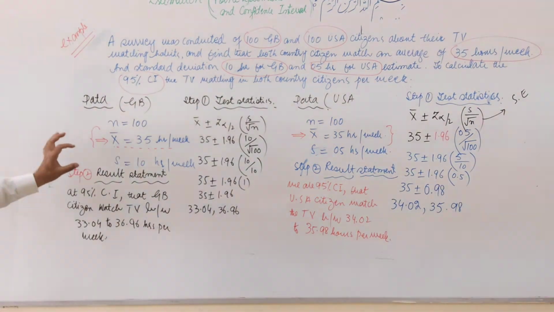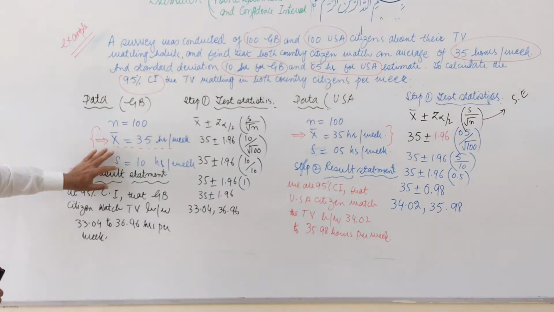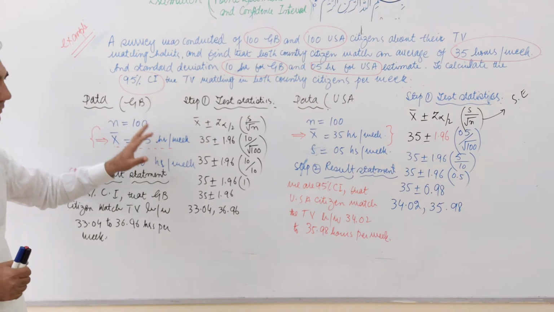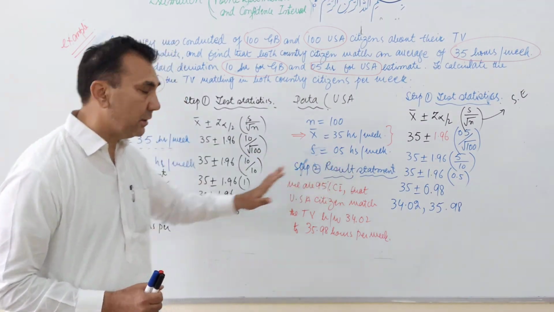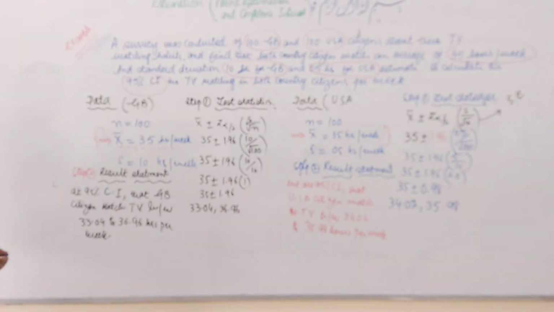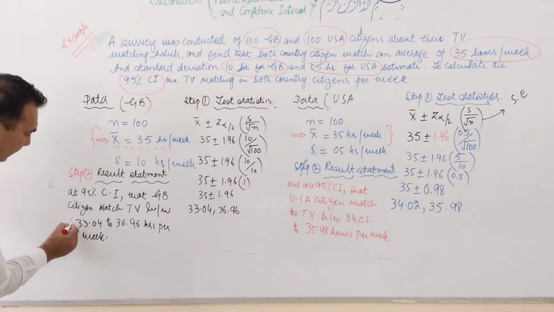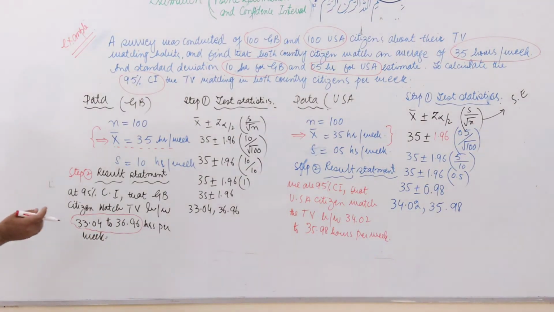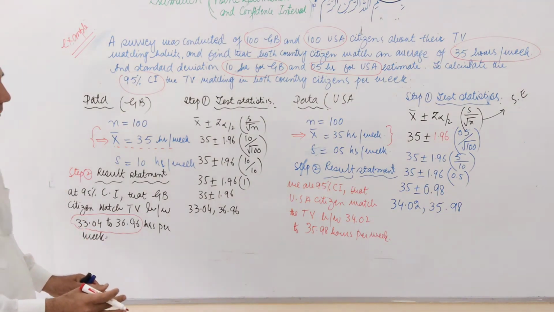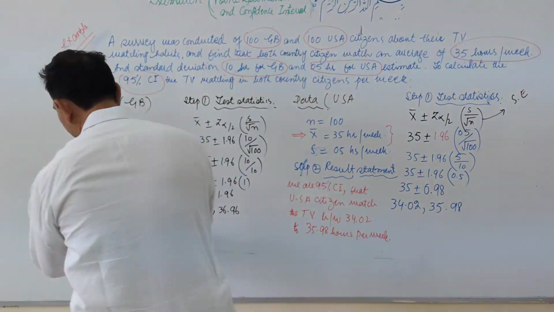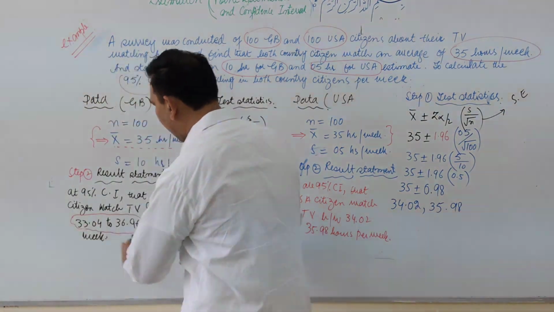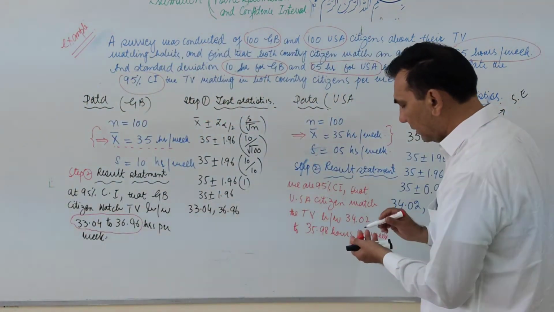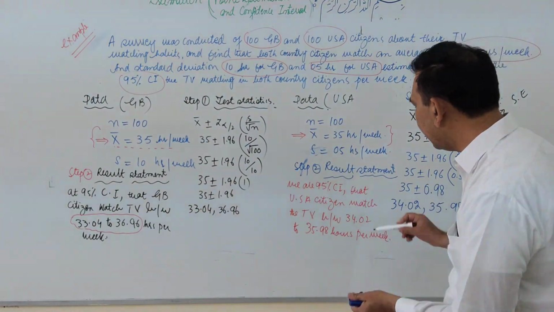So if you see, due to the standard deviation being higher in Great Britain as compared to the USA, you see the result. Okay, in Great Britain the variation is quite high, the range is higher as compared to the USA.